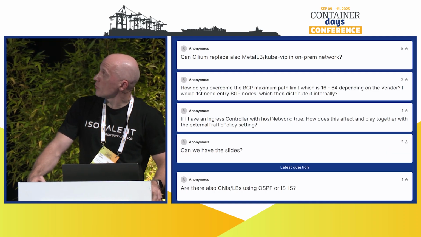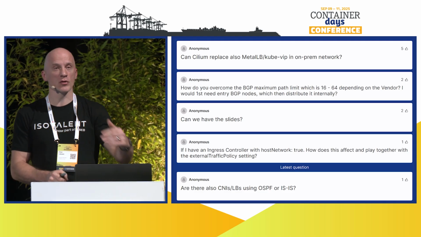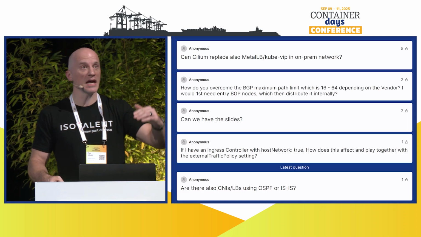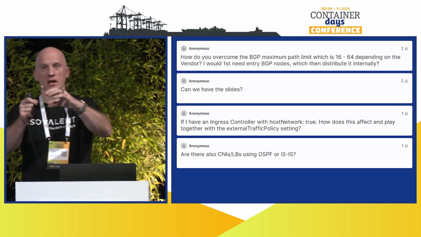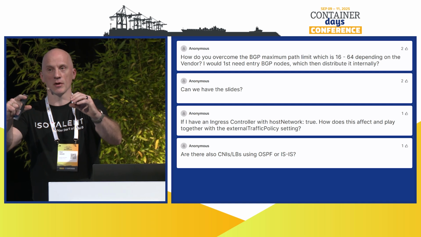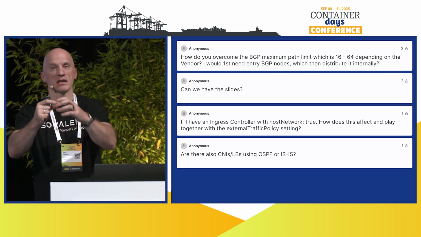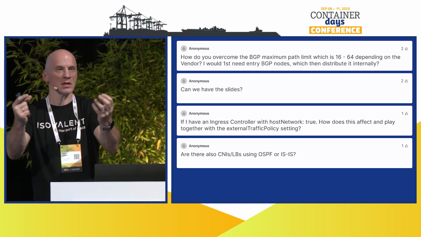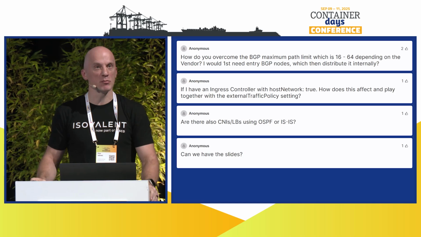How do you overcome the BGP maximum path limit, which is 16 or 64, depending on the vendor? For example, through the layered design which I presented to you. So through having the first layer of nodes, which are establishing sessions to the external network. Let's say you can have 8, 10, 12, whatever, up to the limit of ECMP.